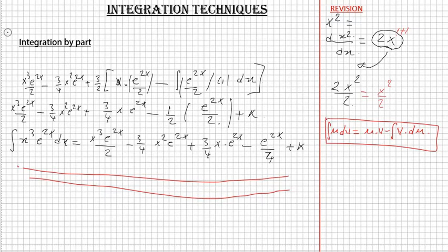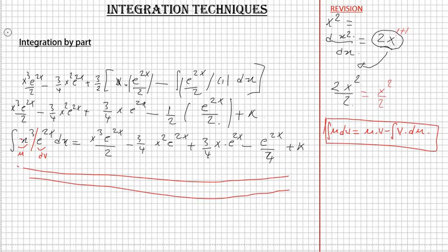As you can see in this relation here, I need to choose the function that is easy to derive in such a way that the derivation step can eliminate the function. That is why we chose u to be x to the power of 3 and dv equal to e to the power of 2x.